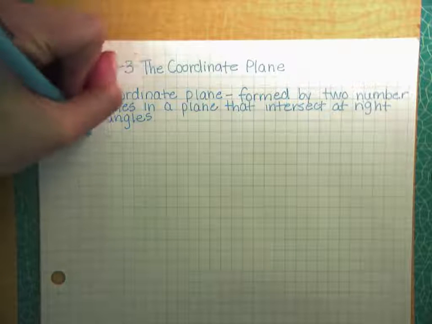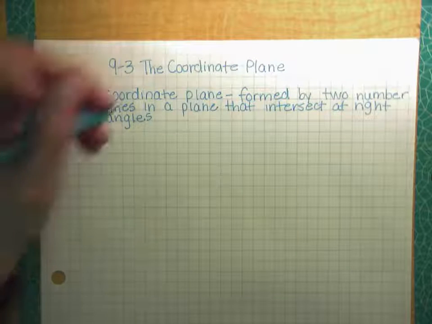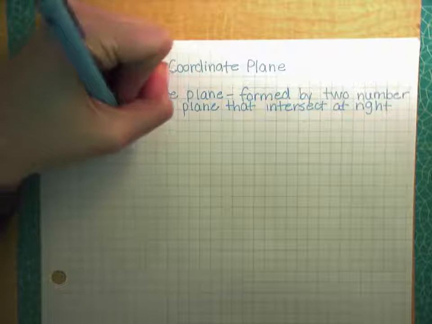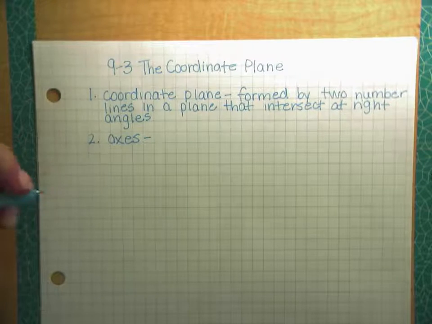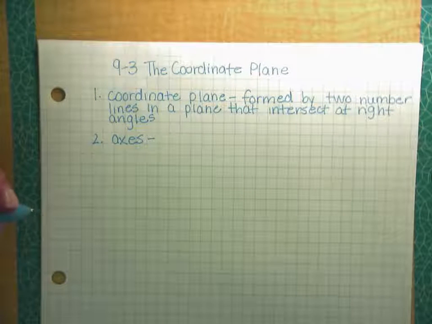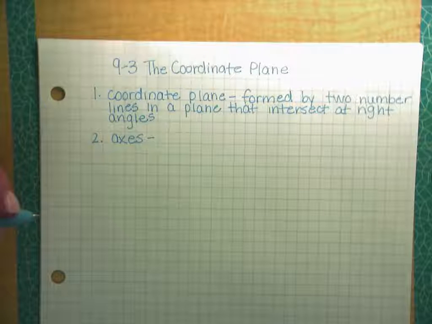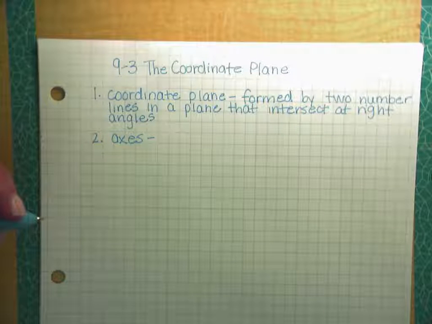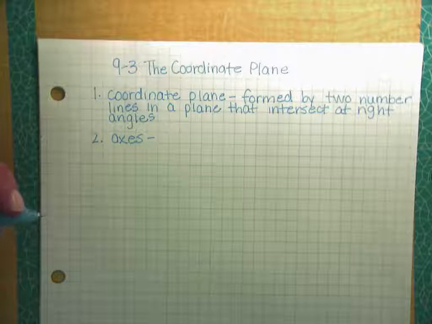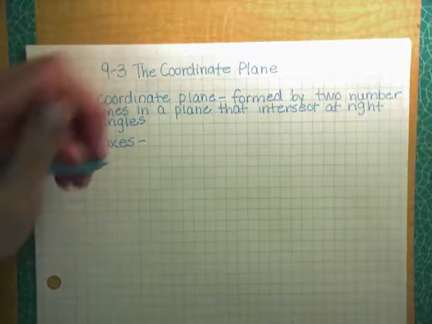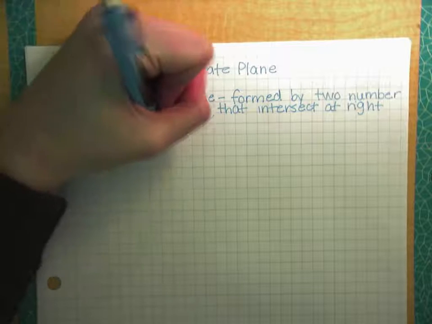Okay, our next term is the word axes. Axes is actually the plural form of the word axis. And in the coordinate plane, we have two axes.